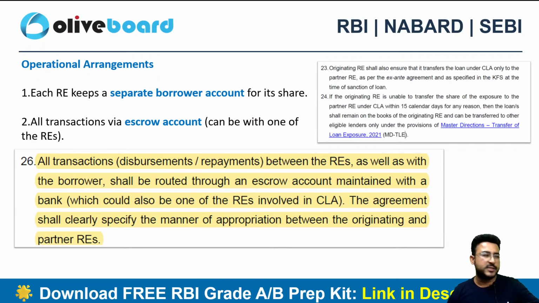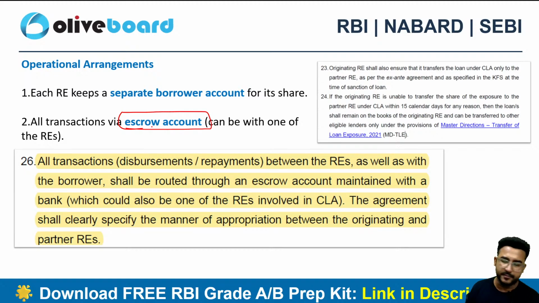Then obviously, because there are two parties here, and in order to make proper arrangement, the transactions will be routed via escrow account, right? So there is a requirement of escrow account here. You need to route all the transactions via that escrow account, and you need to keep a separate borrower account, right?